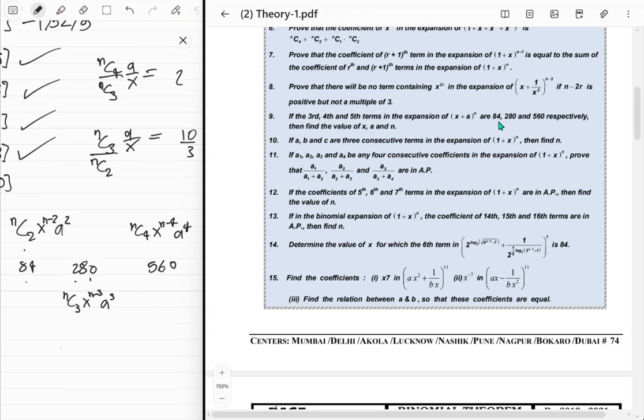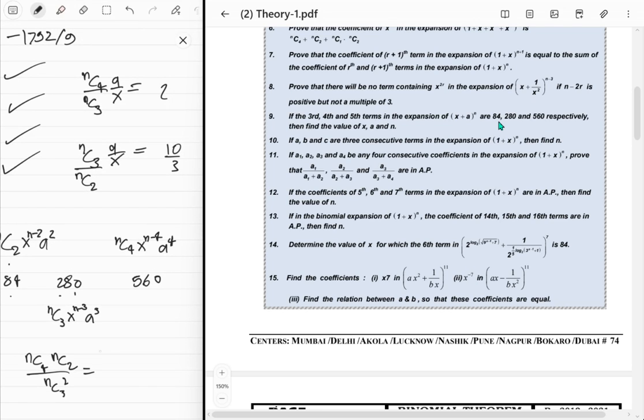So when you divide this, you just get nC4 times nC2 upon nC3 squared. That's going to be, so divide this, you just get 2 upon 10 upon 3, which is, well, 6 upon 10, yeah, 3 upon 5. Okay. Oh, this is going to be really bad. nC4, and you got nC2 and whatnot.